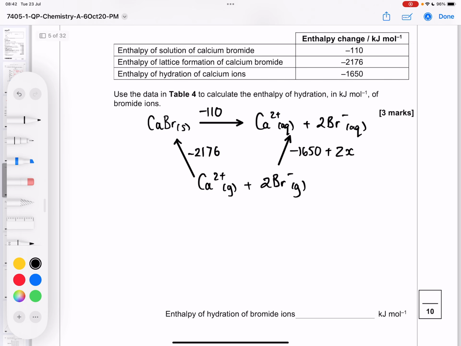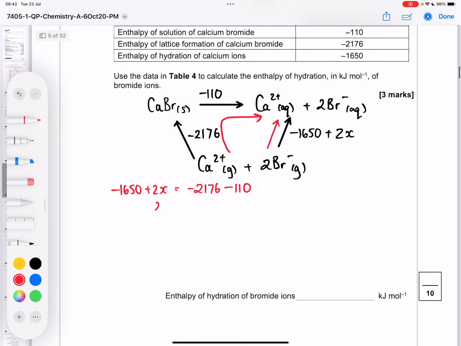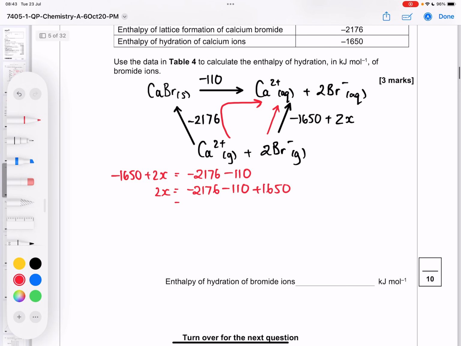So we could use this cycle and Hess's law to say that the route that we want, we could go the different way around. We could say minus 1650 plus 2x equals minus 2176 minus 110. So 2x equals minus 2176 minus 110 plus 1650, which is minus 636.